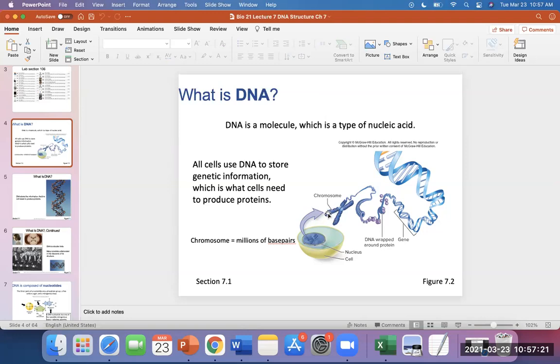Do you remember what this was called? Sister chromatids. Can you define sister chromatids? It's a pair of chromatids that contain the same sequences of DNA for similar genetic traits.